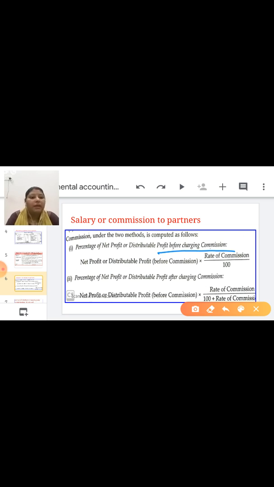Before charging commission, you multiply net profit by the rate of commission upon 100. It means if the rate of commission is 5%, then you multiply net profit by 5 upon 100. This is before charging commission.